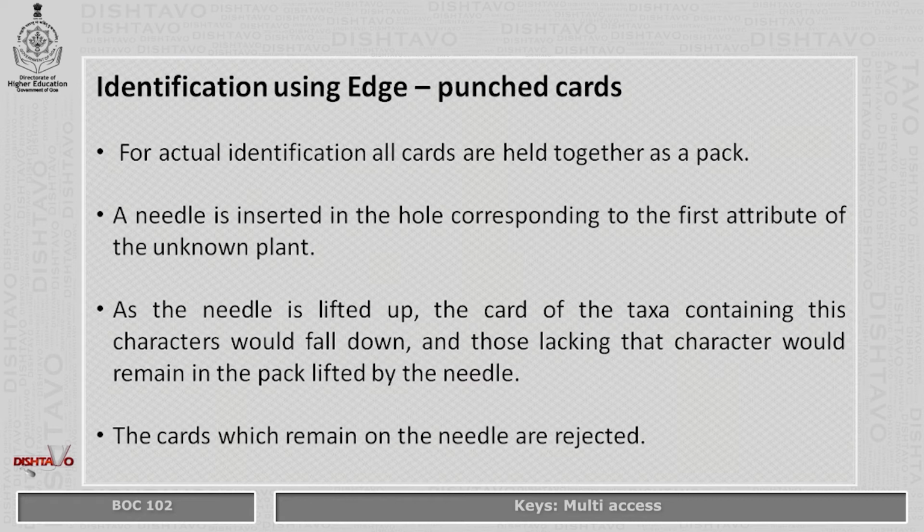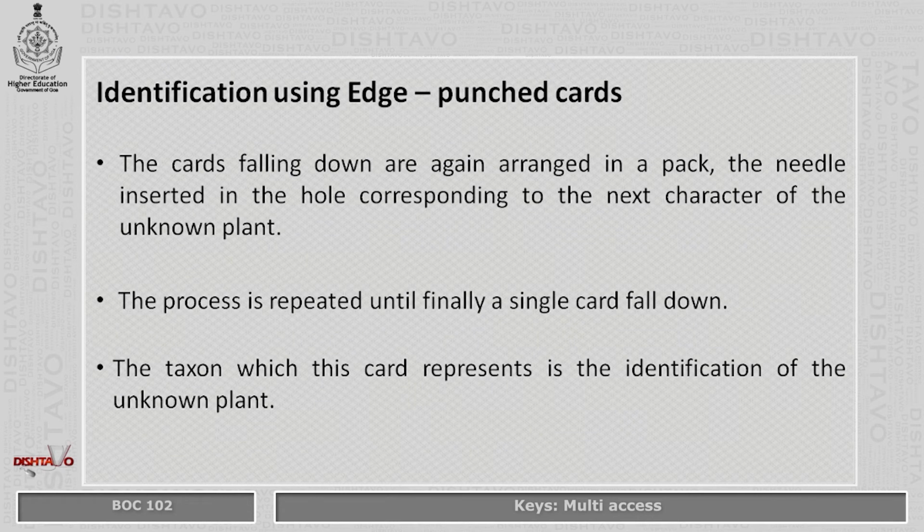The cards which remain on the needle are rejected and the cards falling down are again arranged in a pack, and the needle is inserted in the hole corresponding to the next character of the unknown plant. The process is repeated until finally a single card falls down. The taxon which this card represents is the identification of the unknown plant.